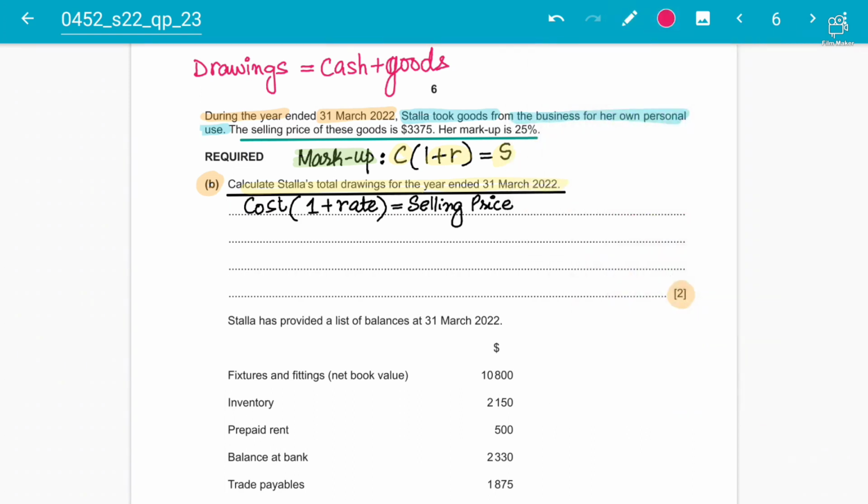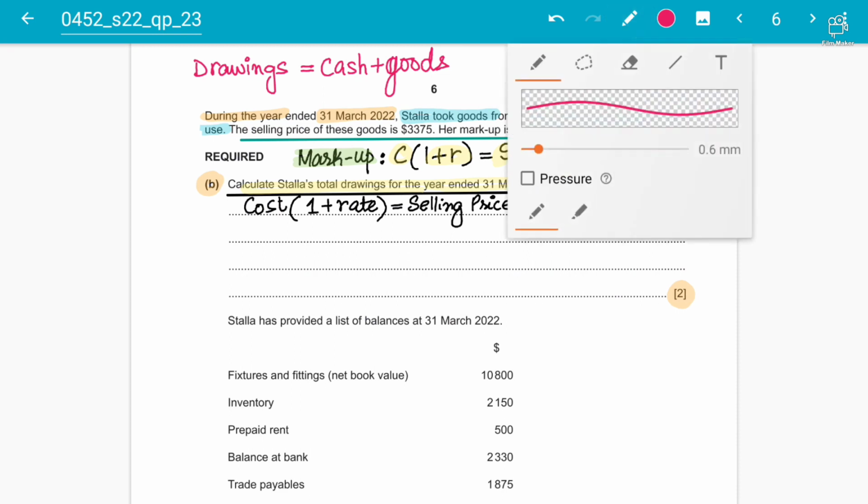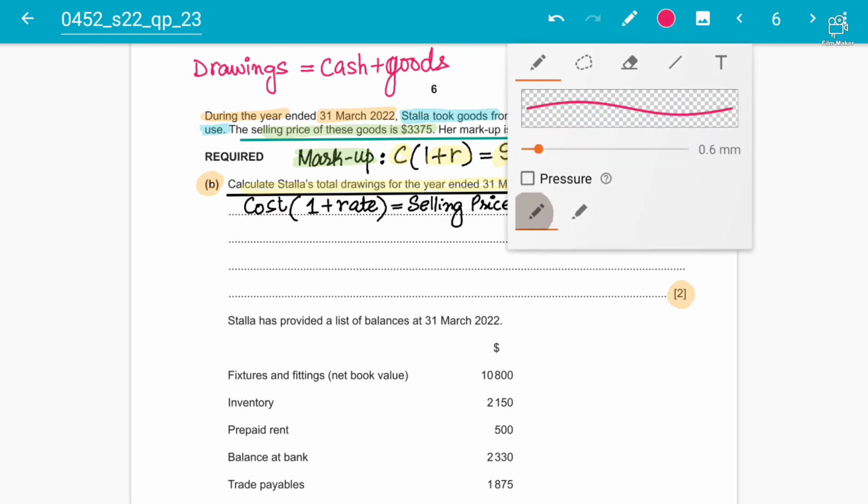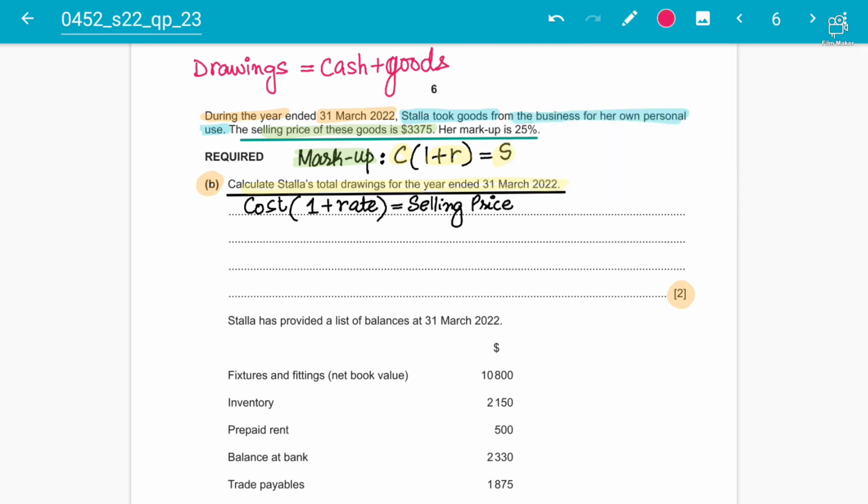So here we go. As we discussed, drawings are basically in cash as well as the goods you take out of the business for your own personal use. In this case we have been given that the selling price of the goods is 3,375, so you put it in as the S value. It will be 3375 divided by 1 plus the 25% markup rate that is given, so you will get the cost.